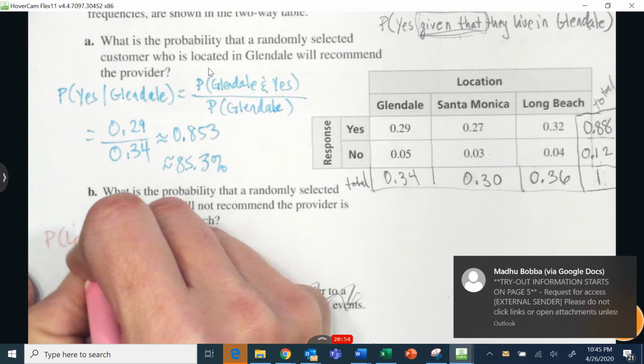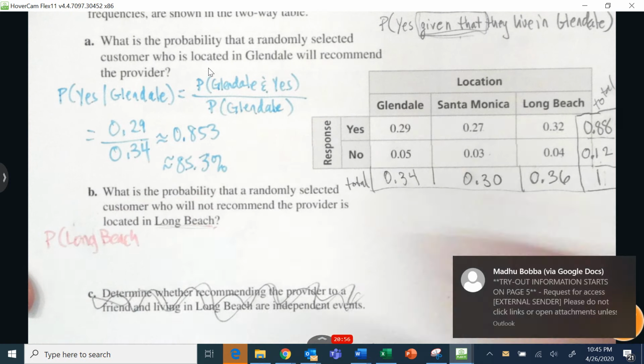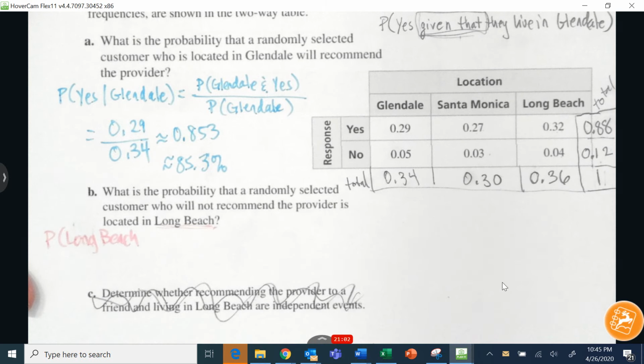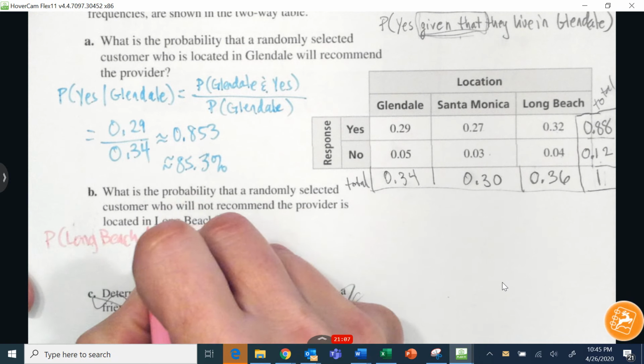The probability that they are in Long Beach, given that they said no.